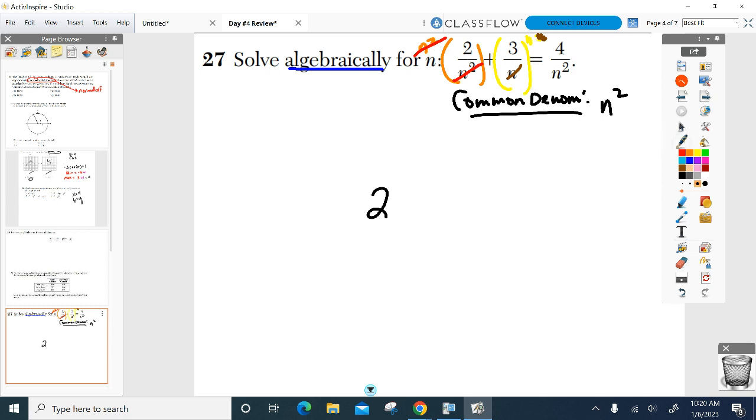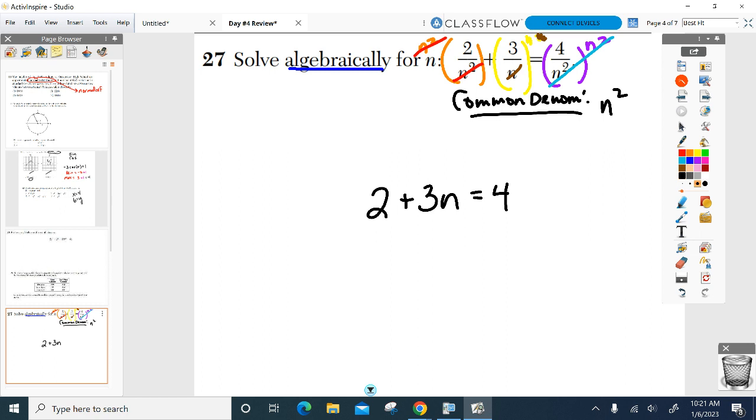So this is going to become plus 3n. I want to get rid of the denominators. That's why you multiply by the common denominator. And then finally on the right, what happens when I multiply by n squared? They're gone, and I'm just left with 4.